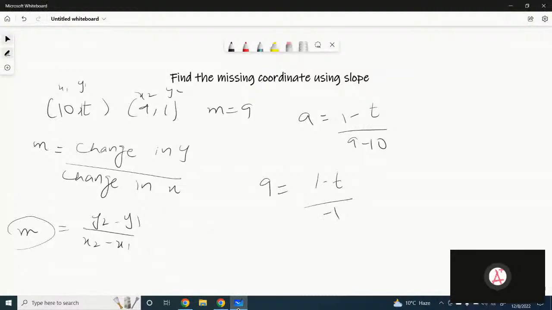Just do cross multiplication, it would be negative 9 equals 1 minus t. Move the t to the other side and move negative 9 to the other side, it would be positive. So 9 plus 1 is 10. That means the missing value t is 10. The point is (10, 10). Got it? The missing value is 10.